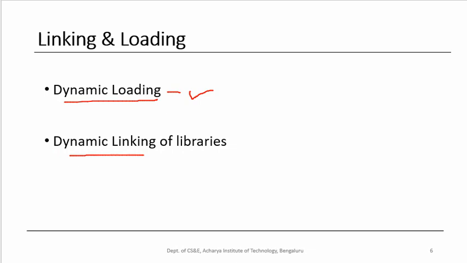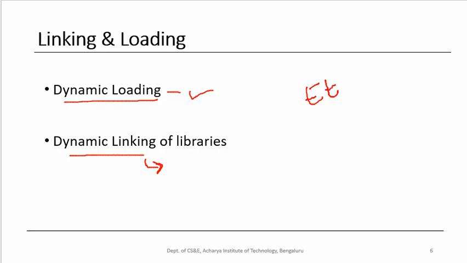Bringing the entire program into the main memory at once is static loading. In dynamic linking, the linking of object codes of libraries does not happen conventionally. This process is postponed to the execution time.